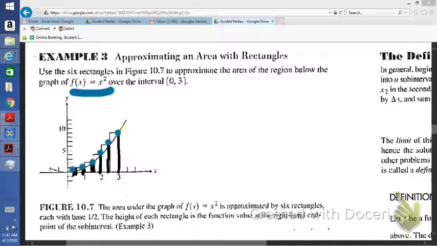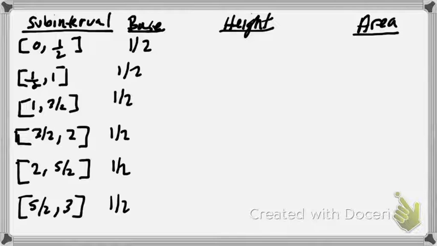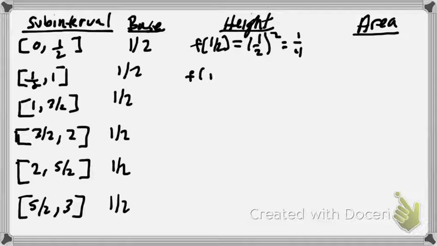Alright, so let's do that. To find what our height is, we're going to take 1/2 and find f of 1/2, so that's going to equal 1/2 squared, which is equal to 1/4. Then for the next one, we're going to find f of 1, that's going to be 1 squared, and that's going to be 1.